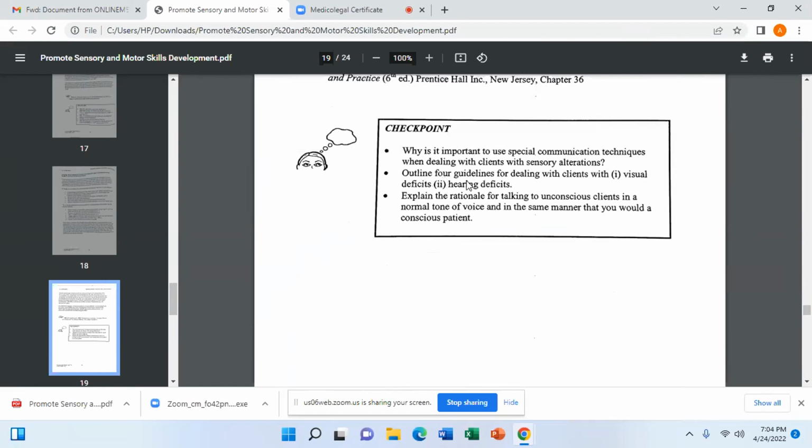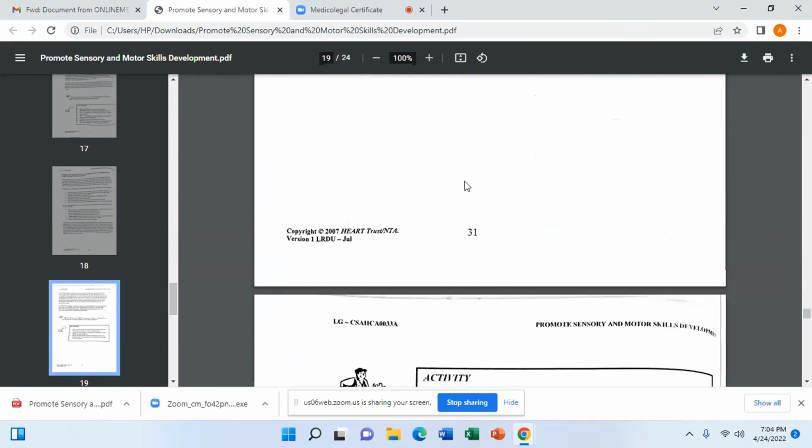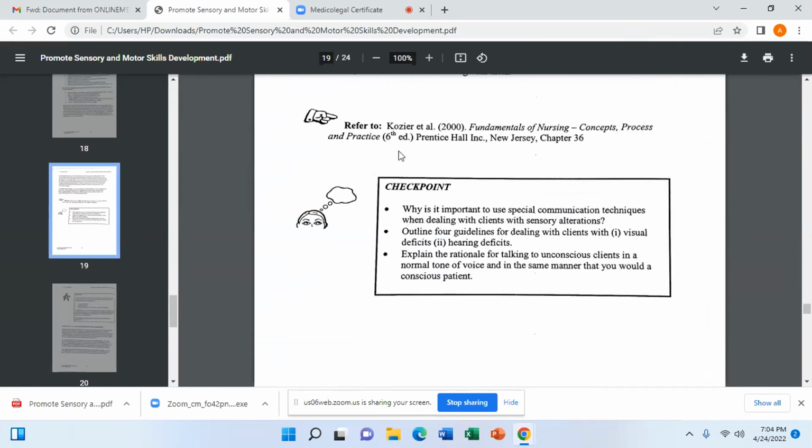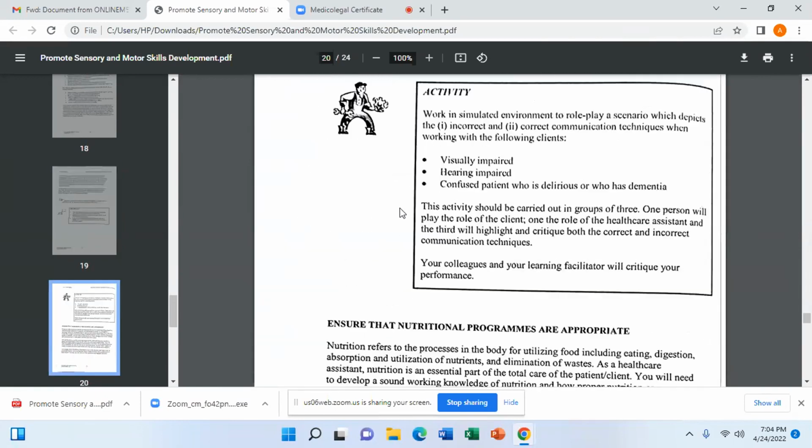All right. And these are some questions that you could go through. Basically, these checkpoints are a summary of what you spoke about. It's a work in a simulated environment to role play the scenario which depicts the incorrect and correct communication techniques when working with the following: visually impaired, hearing impaired, confused patient who is delirious with dementia.